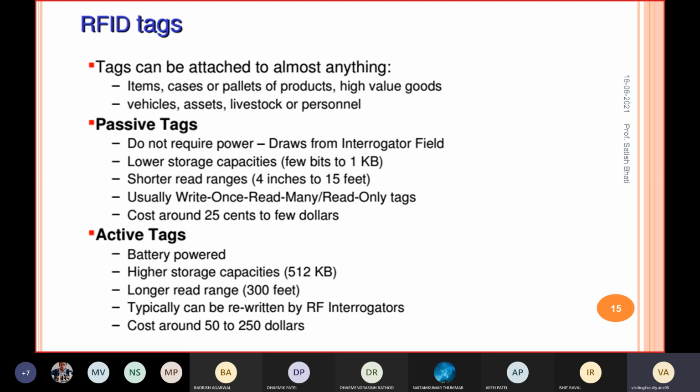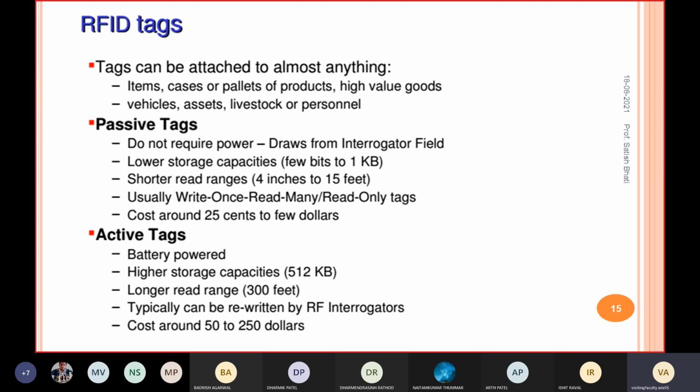Write once, read many means the tag is for storing information. So if the tag is a passive tag, then you can only write information inside that tag once. Once you write the information, you can't change it, you just read that information. So that's why it is written write once, and you can read many times, right?